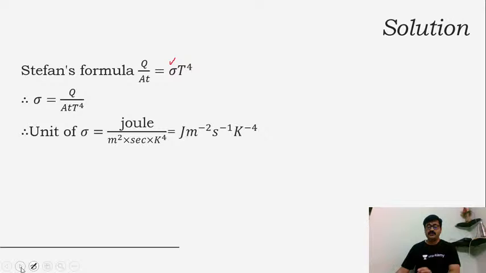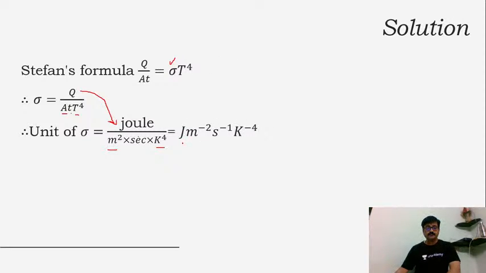So the unit of sigma is, heat has unit of joule, area has unit of meter square, time is in second, and T raised to 4 is Kelvin raised to 4. So I can write the final unit as joule per meter square per second per Kelvin raised to 4.